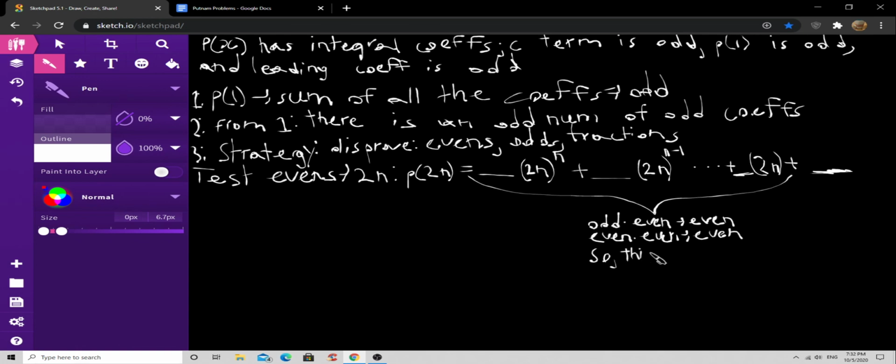So this part is even. This is some odd number. So we have even plus odd equals odd.